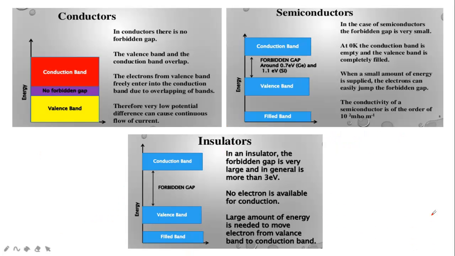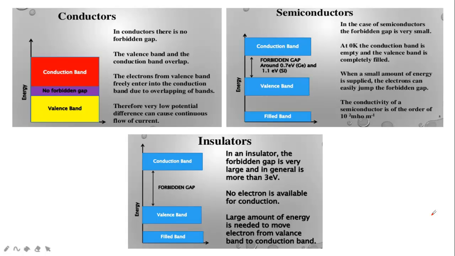So, in brief, conductors, semiconductors and insulators. Conductors have no forbidden gap; the conduction band and valence band are literally overlapped. The electrons from the valence band freely enter the conduction band, and therefore a very low potential difference can cause continuous flow of current. This is the semiconductor.